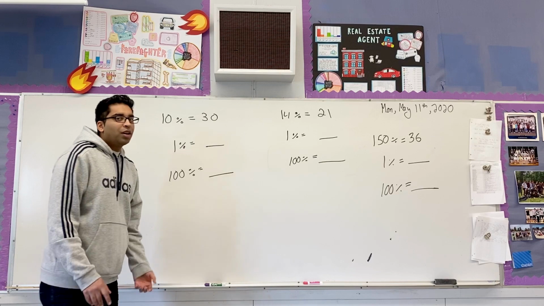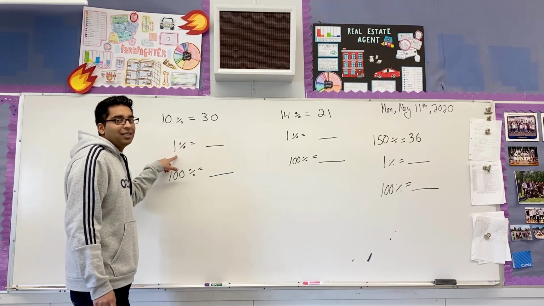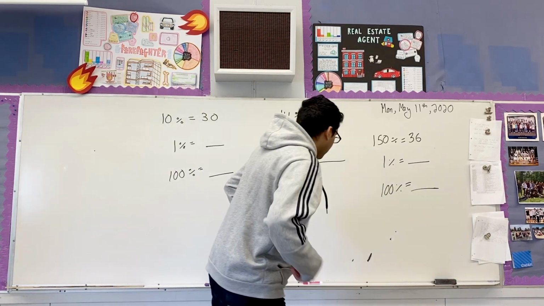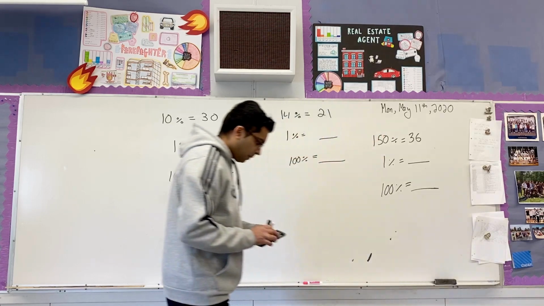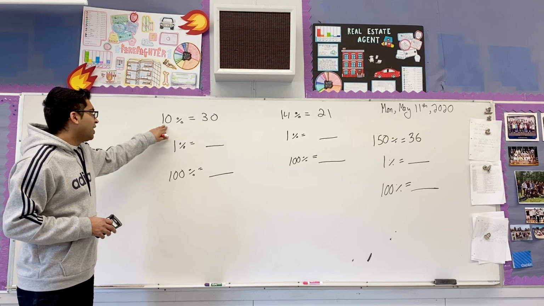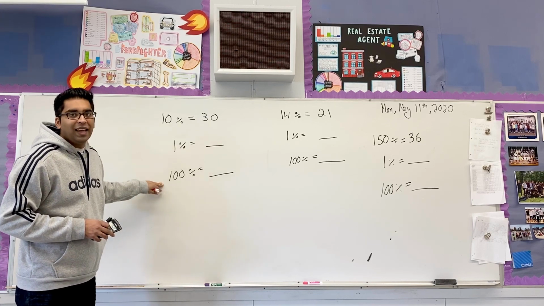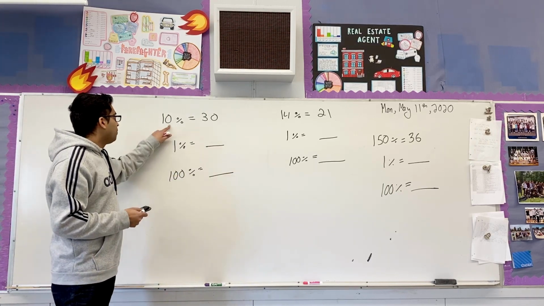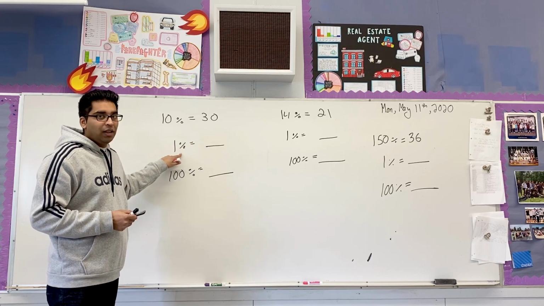The first step is to figure out what 1% is if we know that 10% is 30. The way to do that is similar to algebra, because we do the same thing to both sides. Set up your page like this: write the percent you're given, then write 1%, then write 100%. It'll help you visualize what we have to do. If 10% is 30, what is 1% going to be?